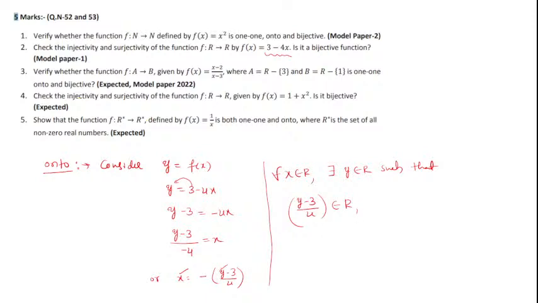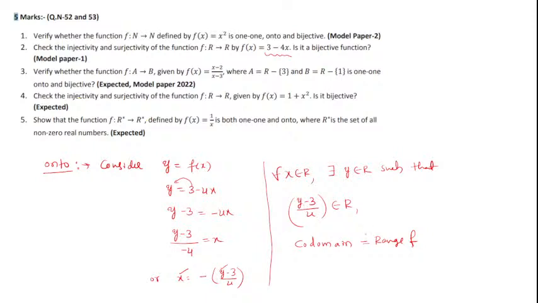This means for every image in your codomain, they have a pre-image in your domain part. Clear? So how to indicate this in onto function? You just write here my codomain is equal to range of my function f.